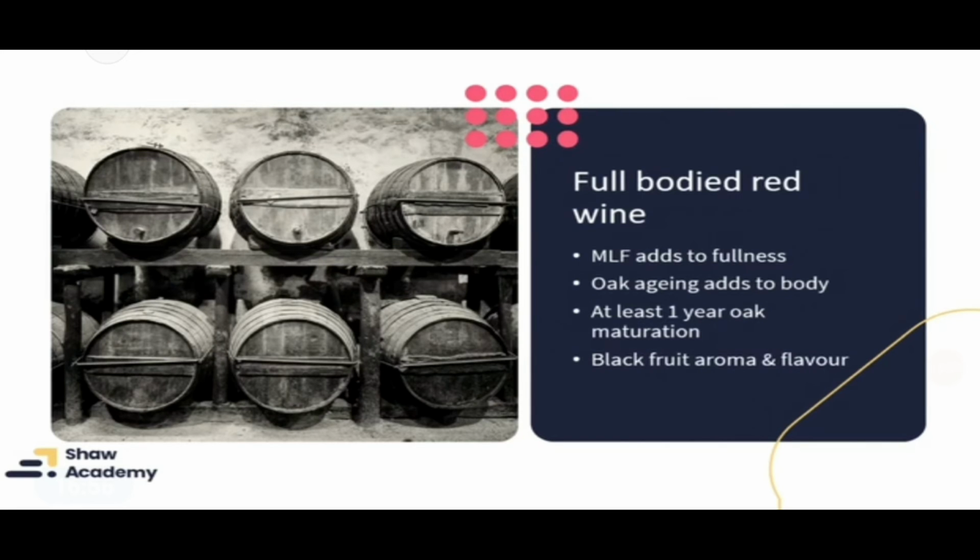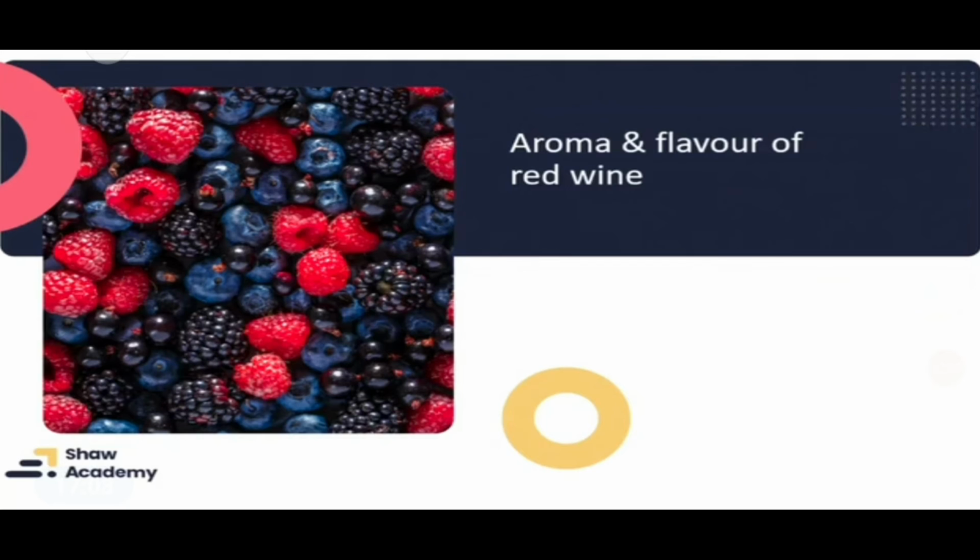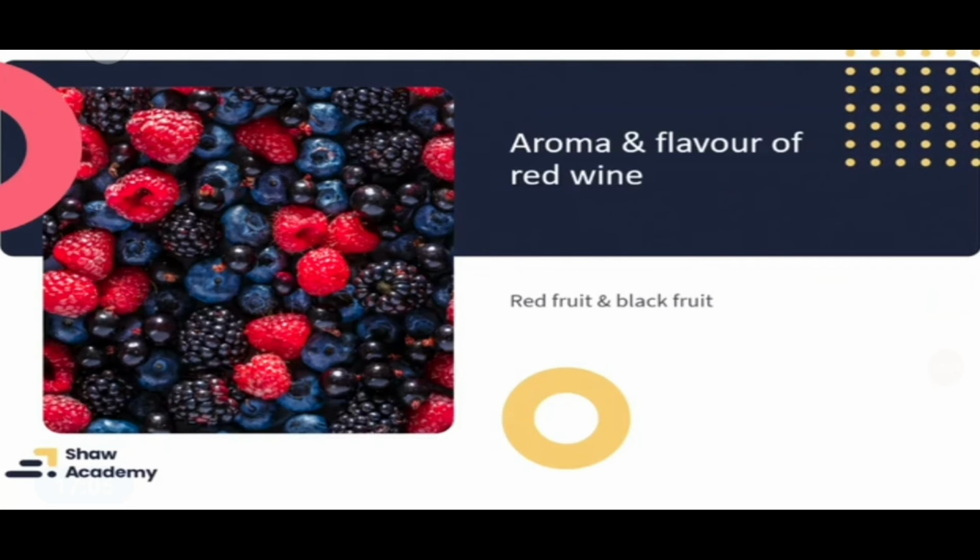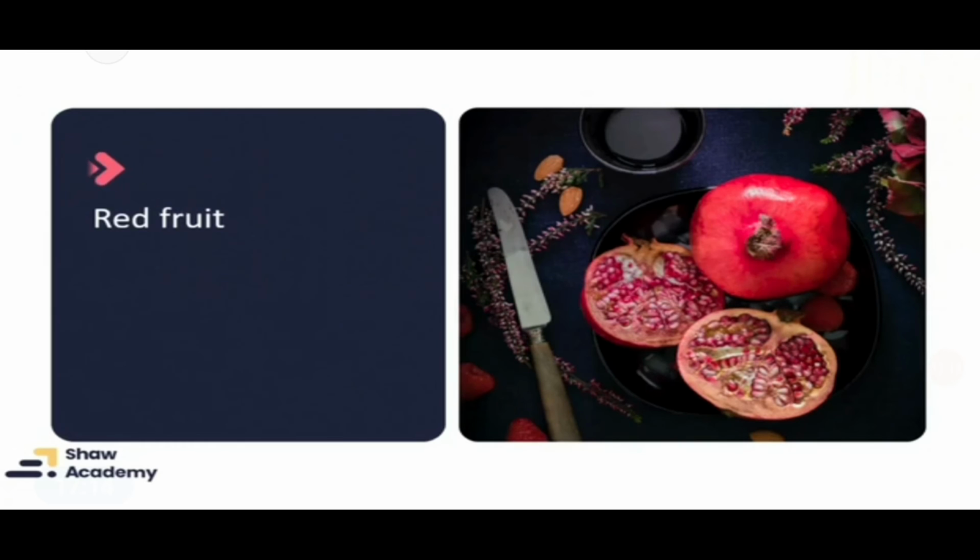Flavors and aromas of light-bodied red wines will lean more towards the realm of red fruit, whereas flavors and aromas of fuller-bodied red wines will lean more towards the realm of black fruits.